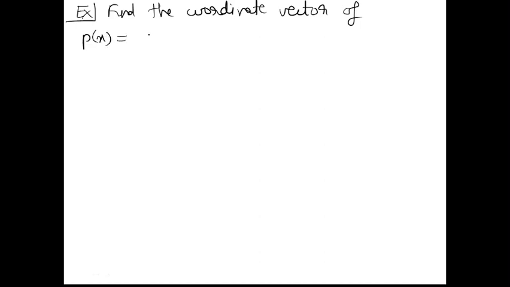Find the coordinate vector of p of x, which is a polynomial given by 2 minus 3x plus 5x square, with respect to the standard basis.